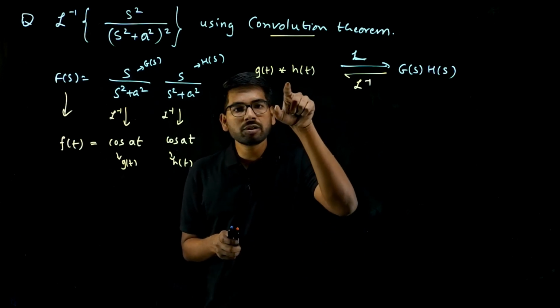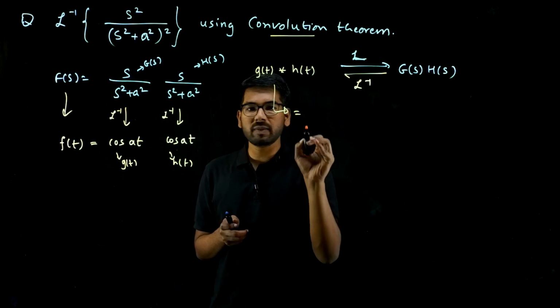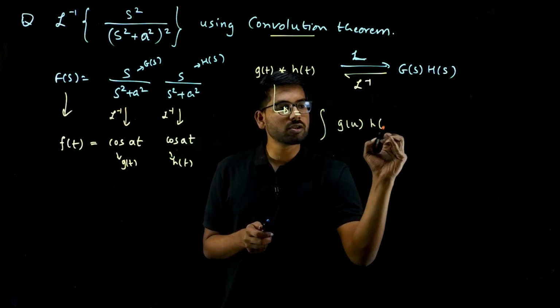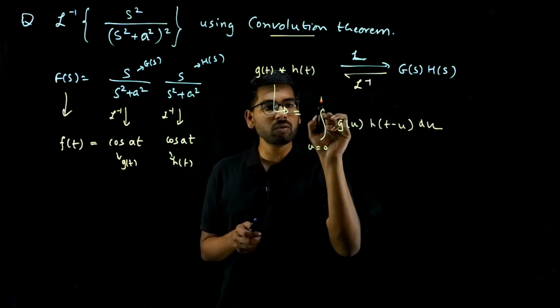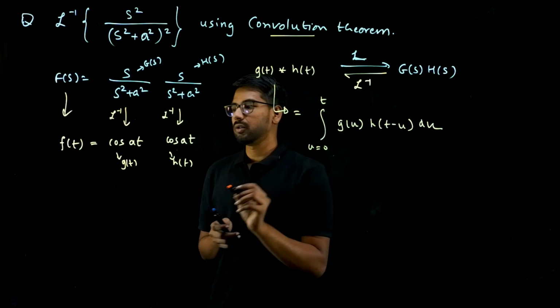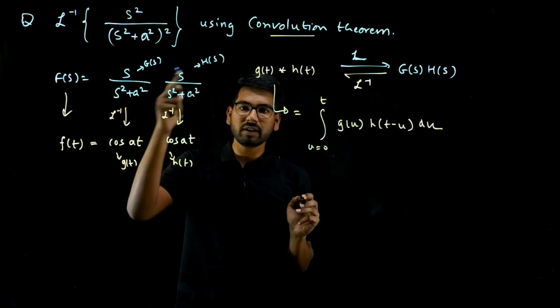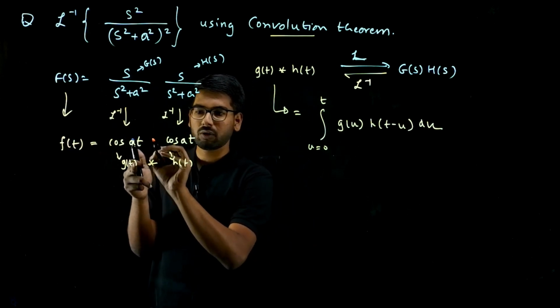So what is convolution defined as? g(t) convolved with h(t) is the integral of g(u) times h(t minus u) with respect to u, from u equals 0 to t. So F(s) is G(s) times H(s), so f(t) will be g(t) convolved with h(t), that is cos at convolved with cos at.